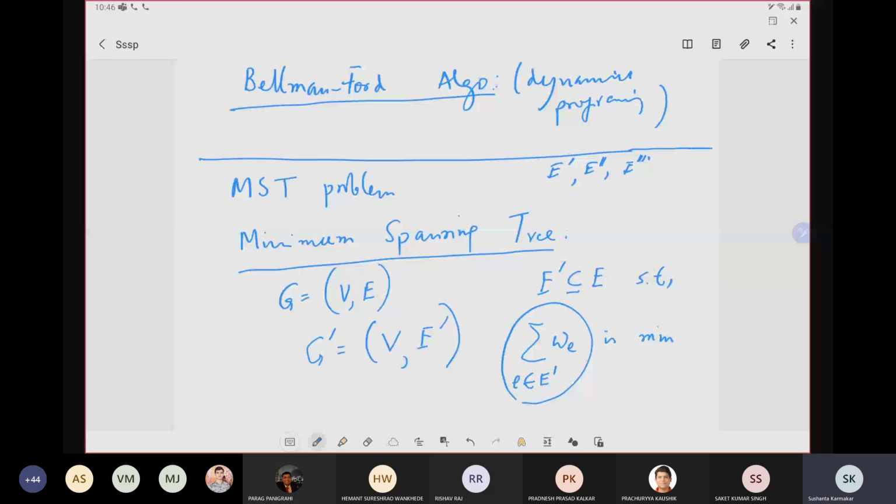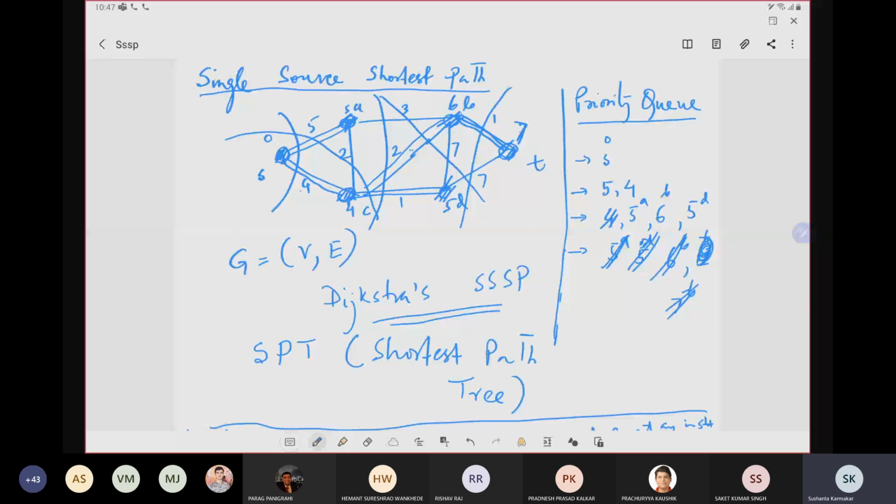One may make a mistake that, okay, I will run Dijkstra's single source shortest path to do the problem. See, this is the kind of structure that was generated by Dijkstra's. Now, if I try to, I'm erasing something here. Let's say this is the situation. So what I will do, I will just put a cross.